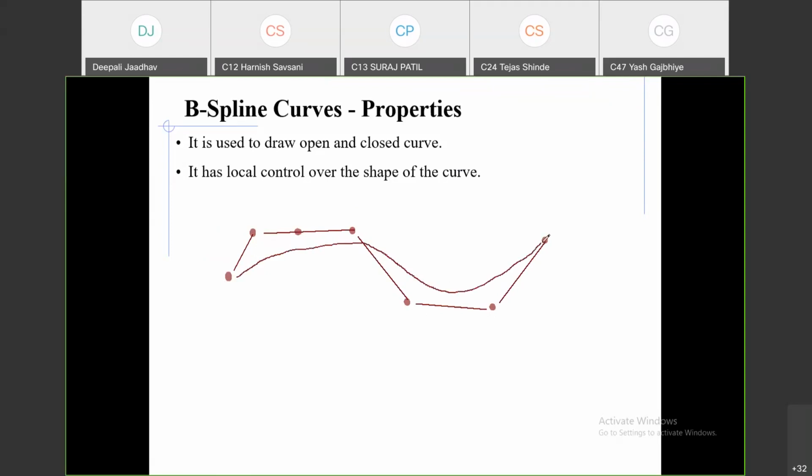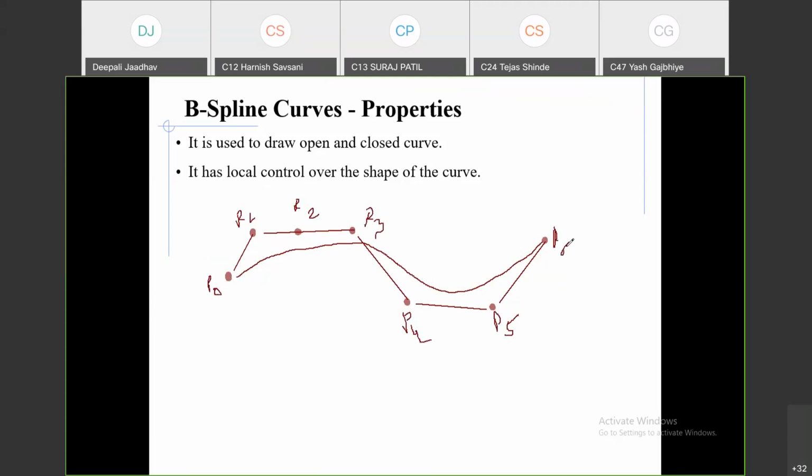The curve always passes through the first control point and the last control point. Not necessary that it passes through all control points. So this is our P naught. This is P1. This is P2. This is P3. This is P4. 7 control points are there. P5 and this is P6.